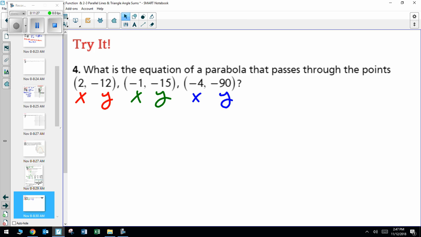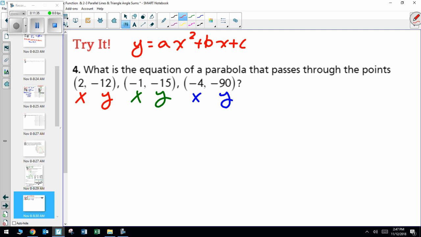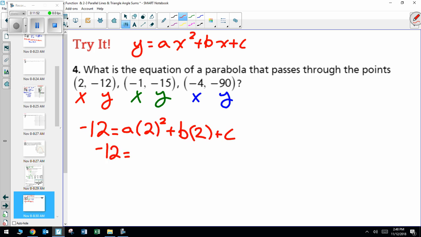So plugging these into the equations, my first one would become -12 equals A times 2 squared plus B times 2 plus C, which simplifies to -12 equals 4A plus 2B plus C.